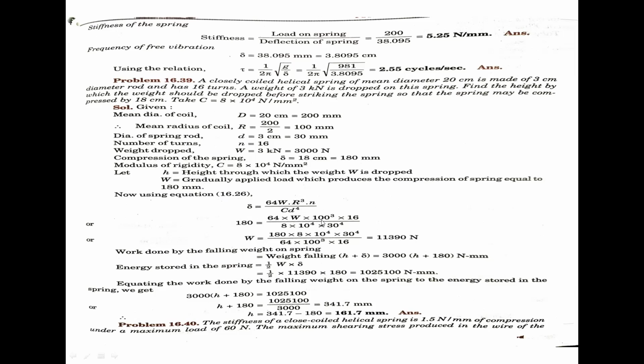180 equals 64 into W into 100 cube into 60 divided by 8 into 10 to the power of 4 into 30 to the power of 4. W equals 11,390 newtons. Work done by the falling weight on the spring equals weight into falling height H plus delta, that is 3000 into H plus 180 newton mm.